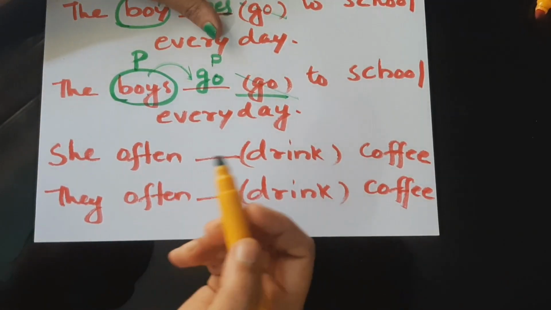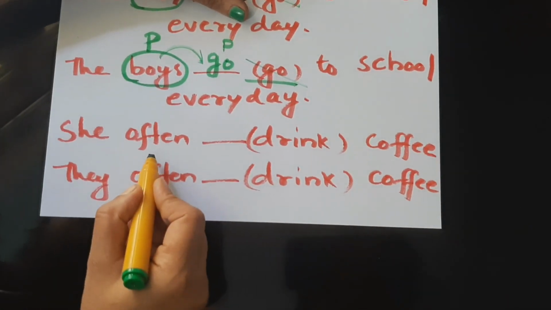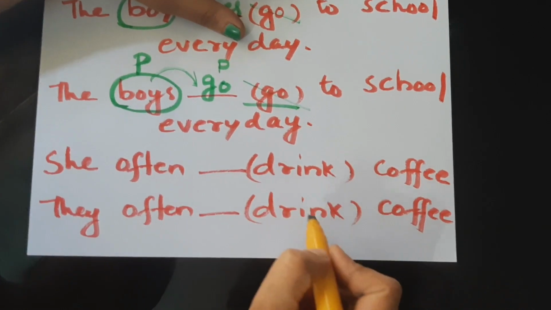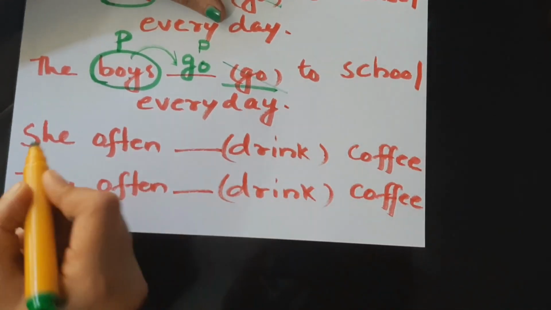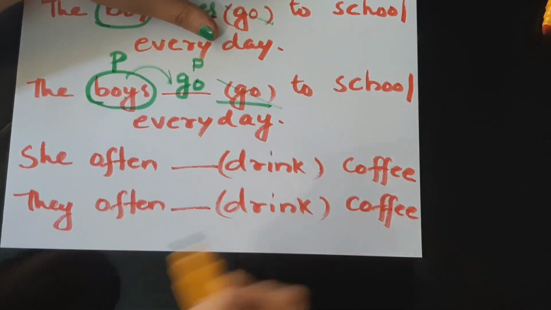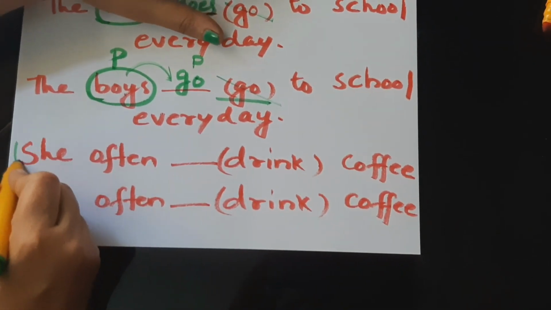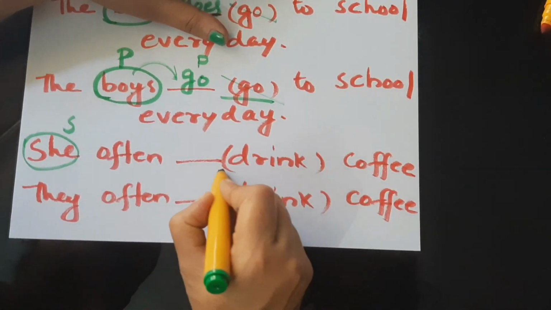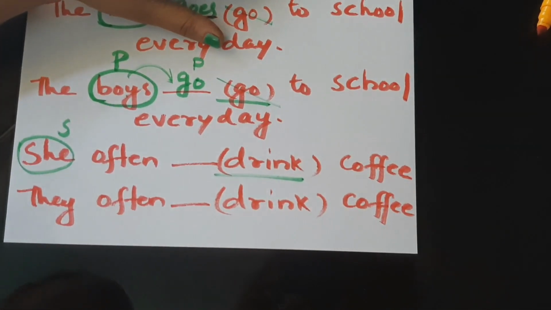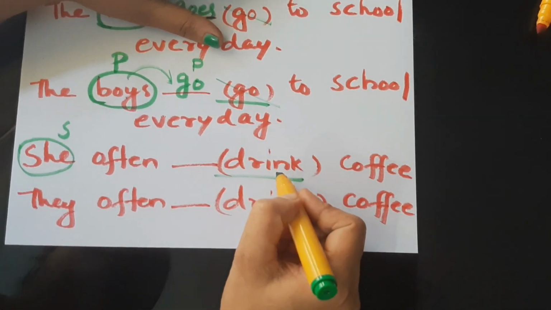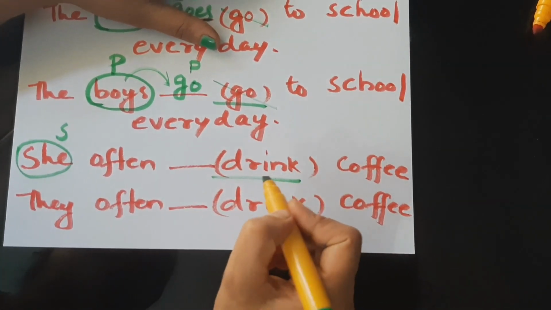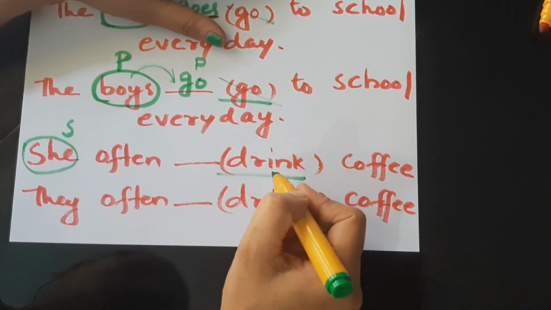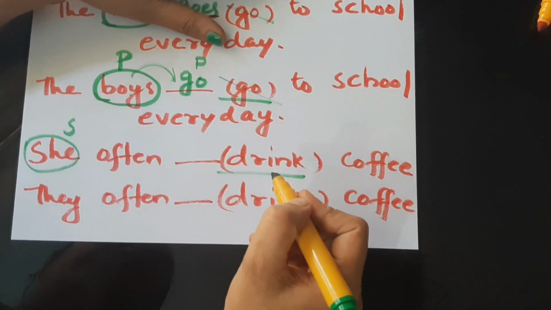Let's take another example. She often drink coffee. Drink is given as the verb. You need to choose the correct form of the verb. She, you know that it's a singular subject. So the verb should also be in its singular form. You know that drink is plural, whereas drinks is singular.